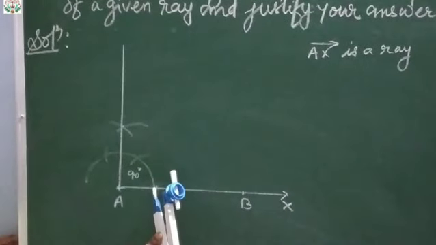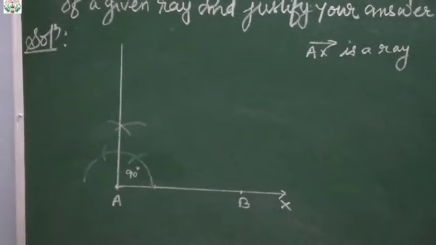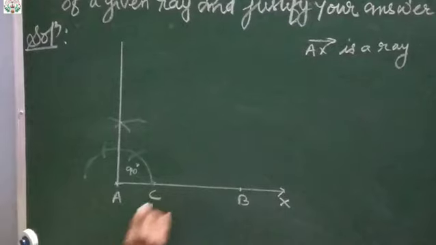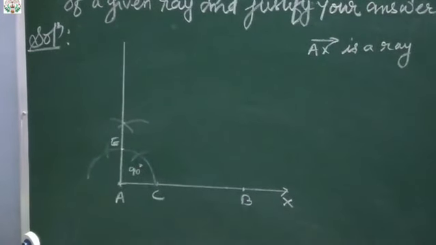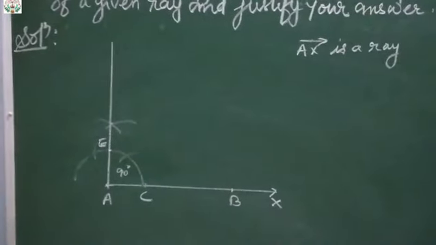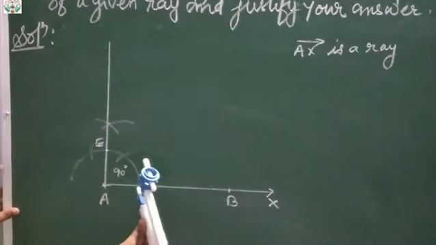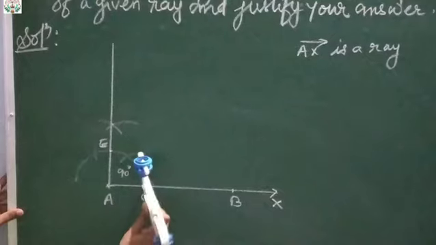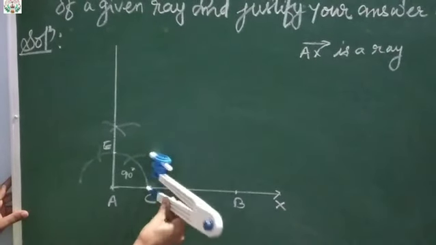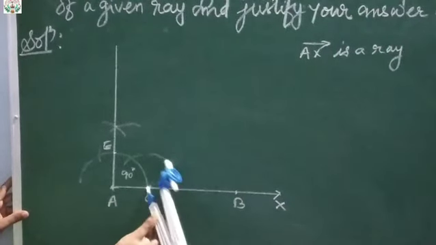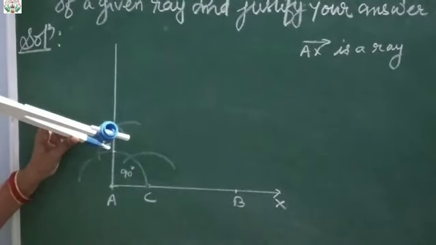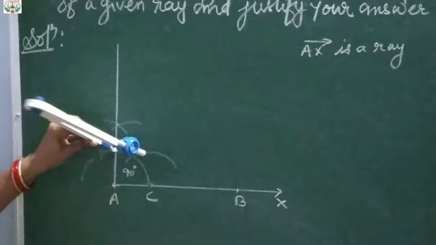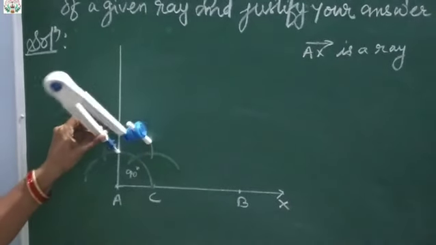So for half of 90, what you will do? Keep the same compass at this point. Suppose this point be your C. This is C. And this point is suppose E. Okay. So now what you will do? See. From here at this C point, keep the compass's point and draw an arc like this. Okay. And same at E also, keep the compass's point and then draw an arc.